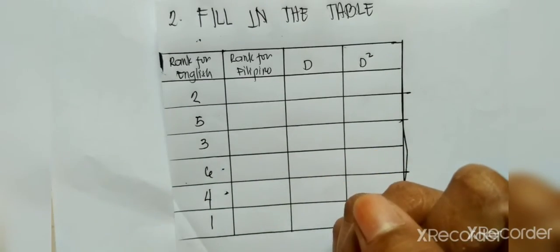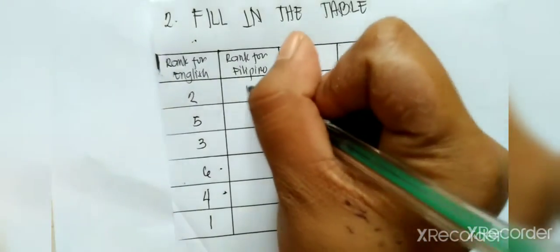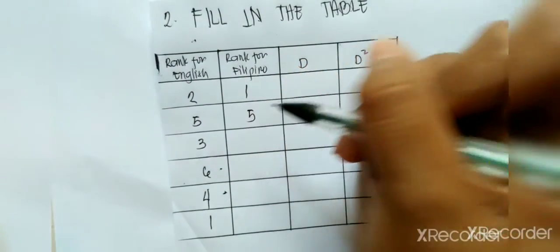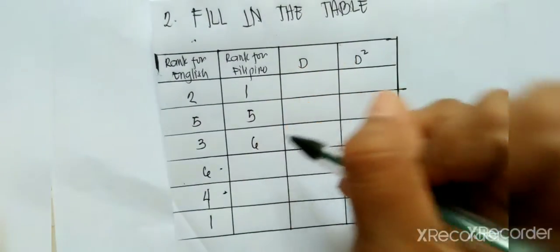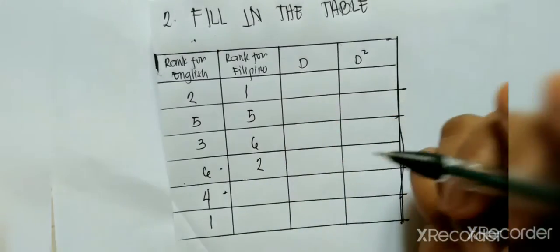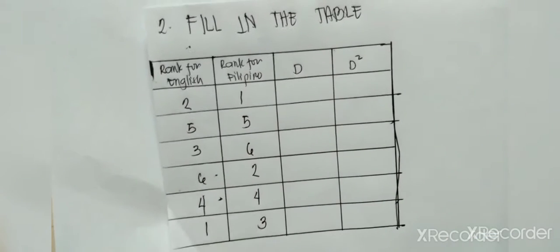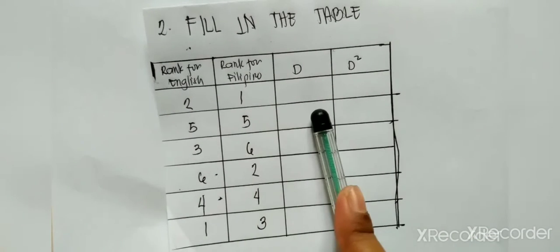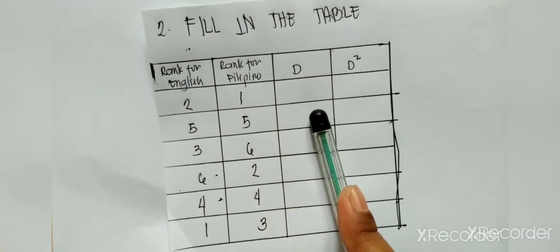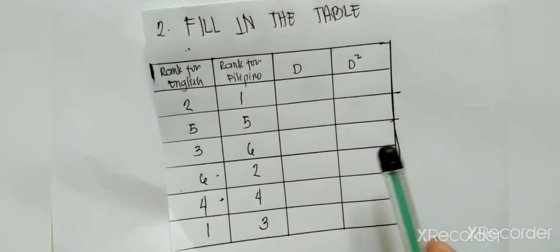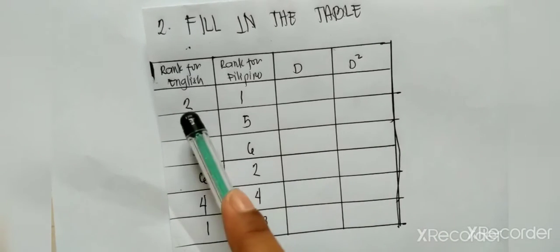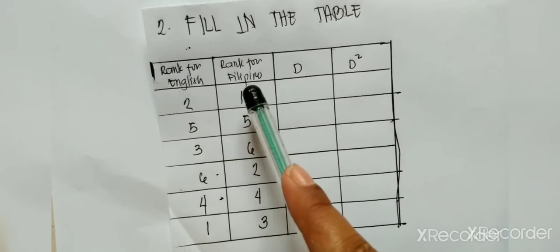The rank for Filipino is 1, 5, 6, 2, 4, and 3. In finding d, we subtract the ranks, English minus Filipino.